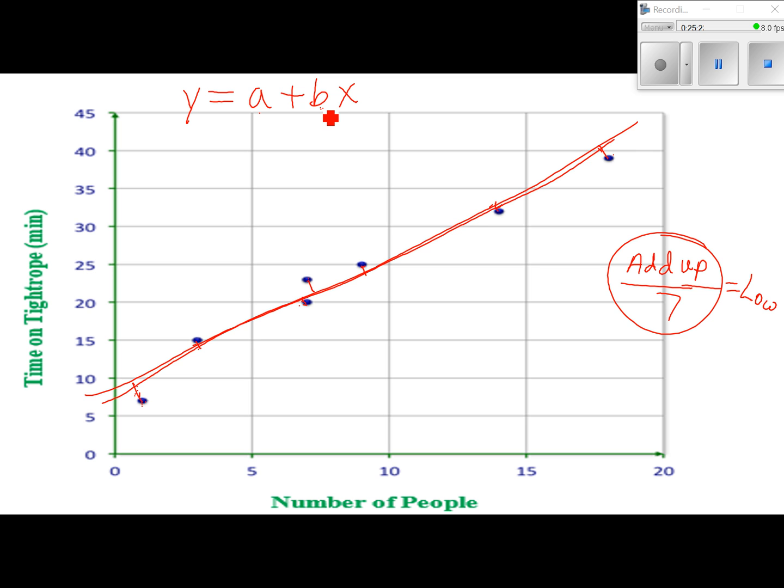All right, the easiest thing, if I draw in this line, and it looks like something like that, it looks like the y-intercept, which is our a this time, is going to be somewhere maybe 7, 8, 9, 6, somewhere in that range. All right, yours could be a little different, but it's going to be somewhere close to that. It's not going to be 35.